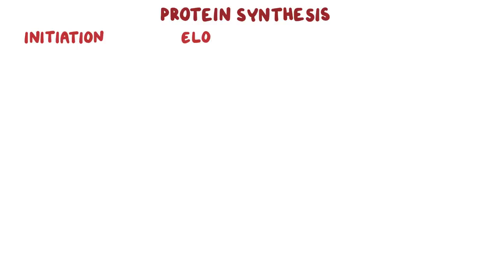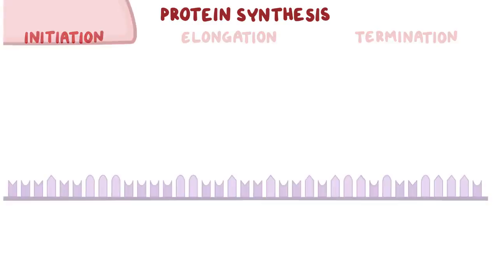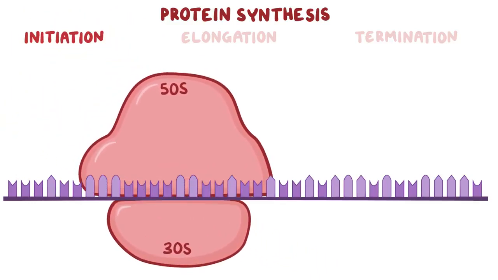In both eukaryotic and prokaryotic cells, protein synthesis involves initiation, elongation, and termination. In bacteria, initiation happens when the 50S and 30S subunits bind to the mRNA sequence to form a ribosome mRNA complex. The mRNA serves as a blueprint for the protein that'll be synthesized.